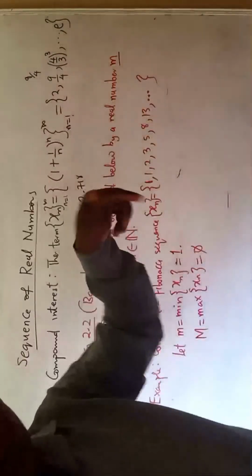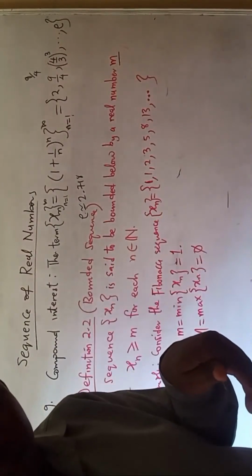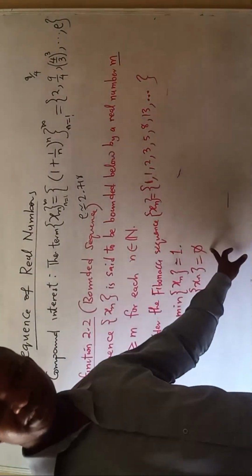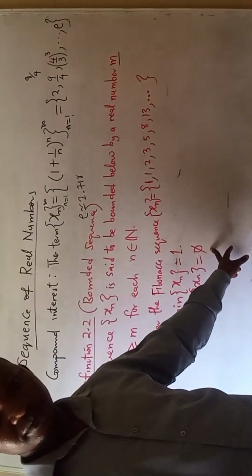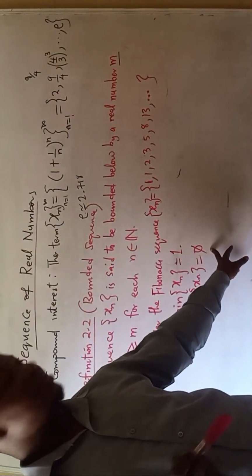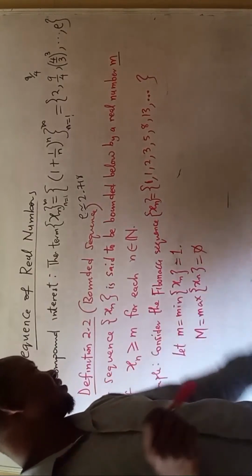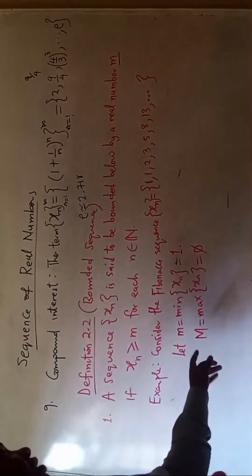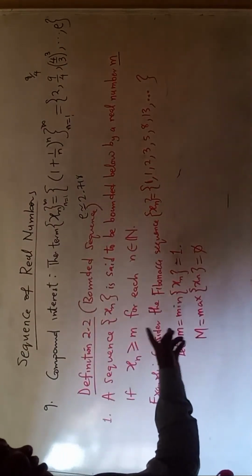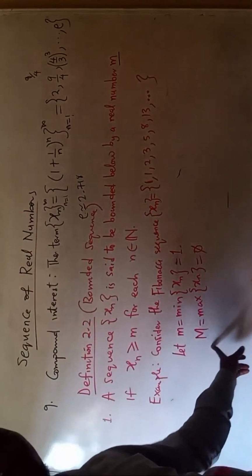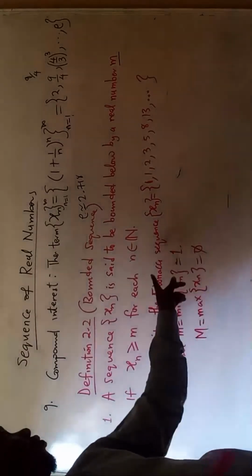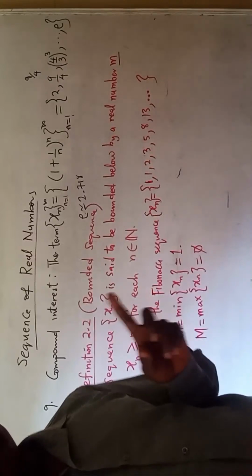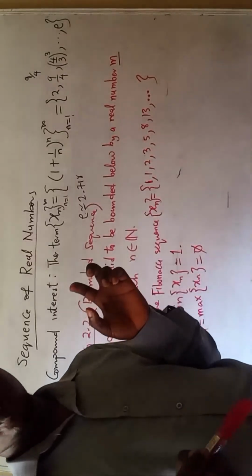So it's not 0, it is empty. We said this in one of our last classes. Because of that, this sequence only has a minimum, but no maximum. Therefore, the Fibonacci sequence is bounded below.